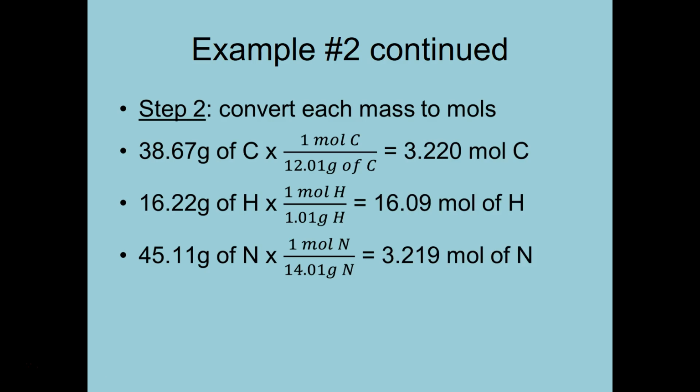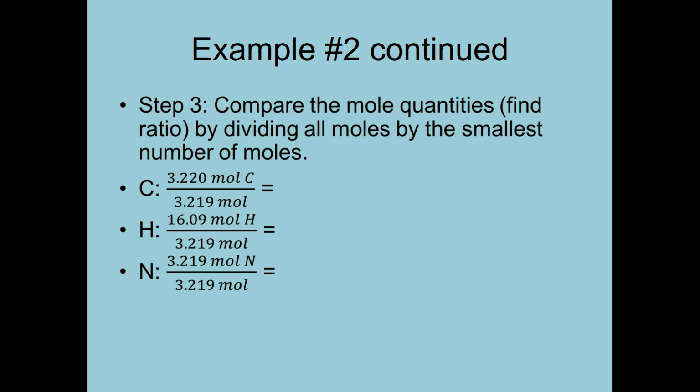3.220, 16.09, 3.219. We're going to compare our mole quantities and divide each one by the smallest number. So in that case, it was 3.219.